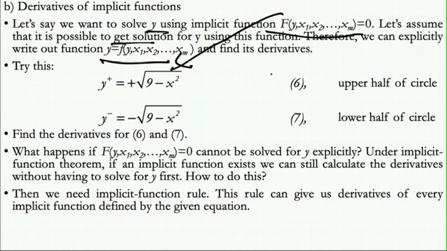So let's say we have initially 0 equals y squared plus x squared minus 9.